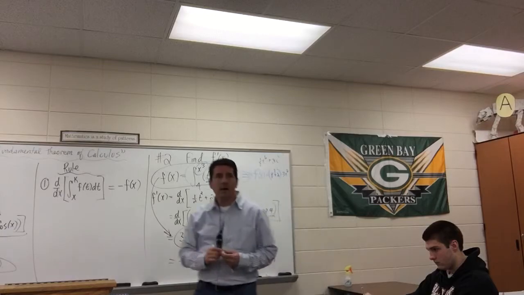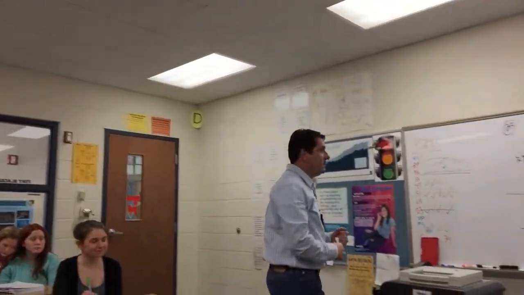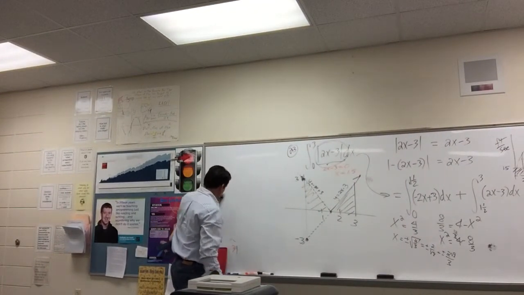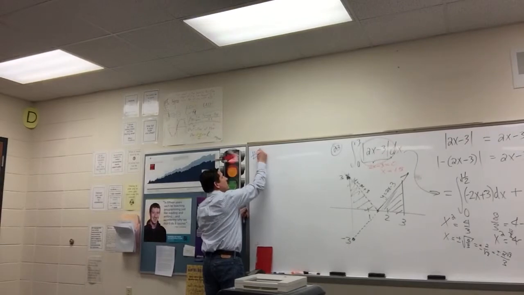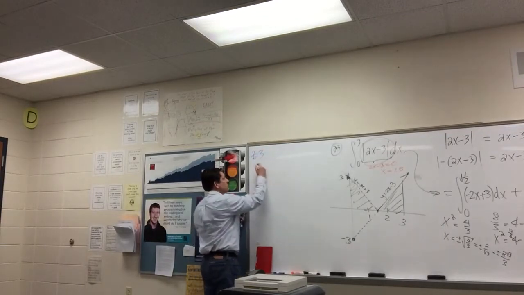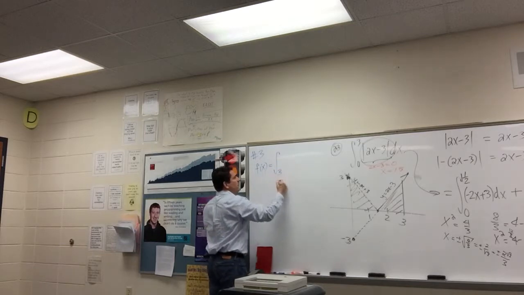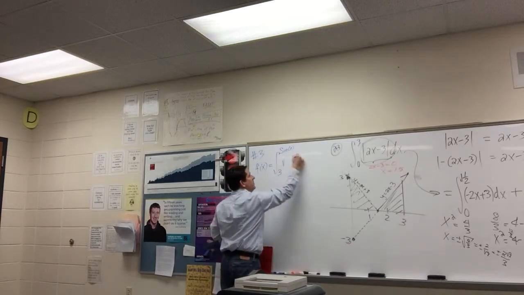Okay, so let's just do another one. If I say to you, here's another one, we'll do it the short way now. F of x is equal to the integral from 3 to the sine of x of the square root of t dt.